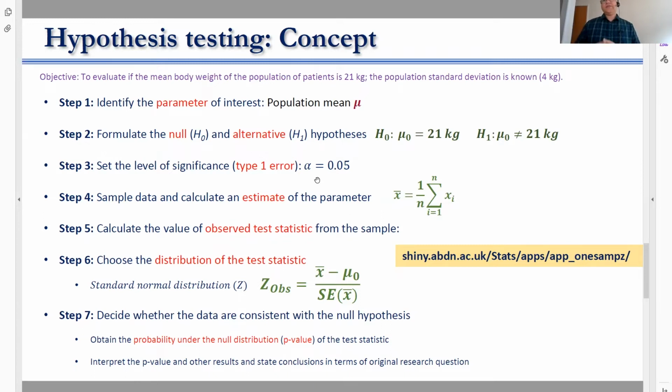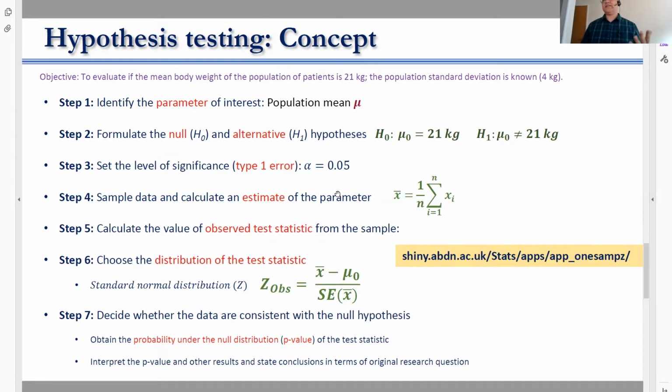Step 3 is to define some level of significance. The type 1 error is also called alpha, and generally it is set as 5%. It is quite standard in medical statistics and many other fields, but it depends on the subject area, of course.